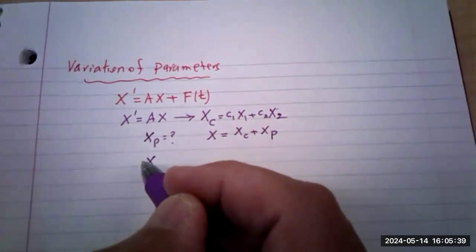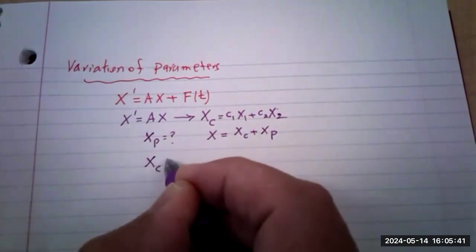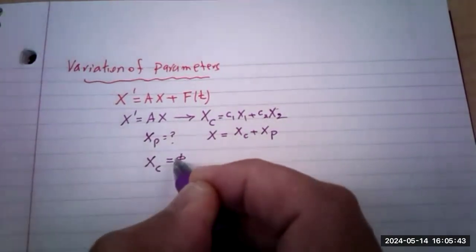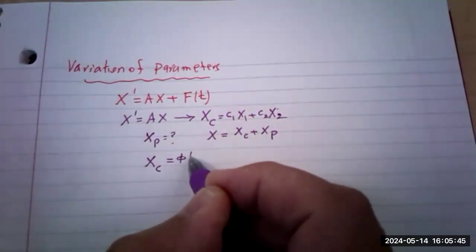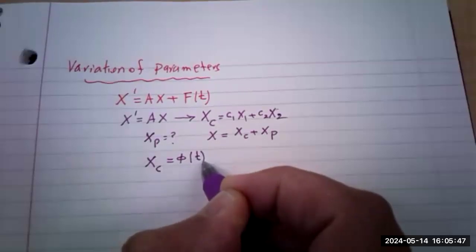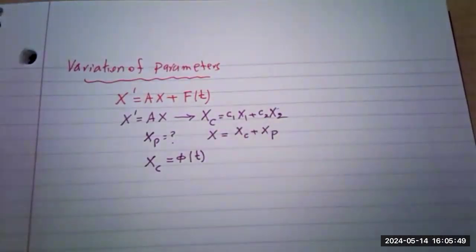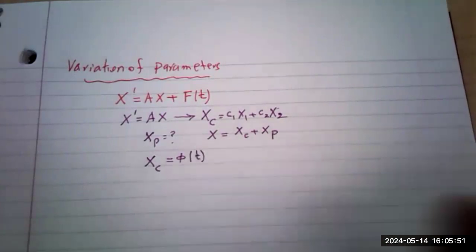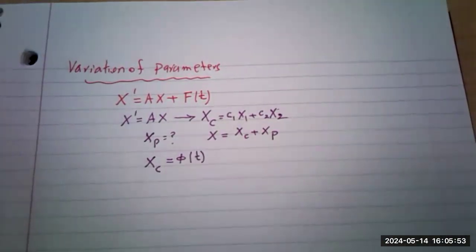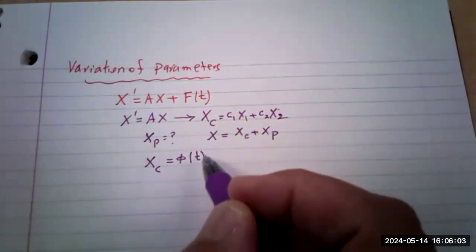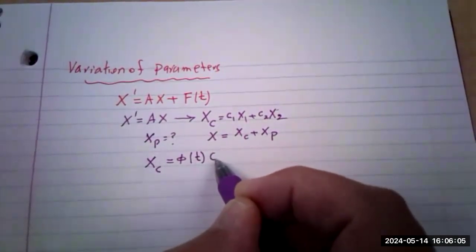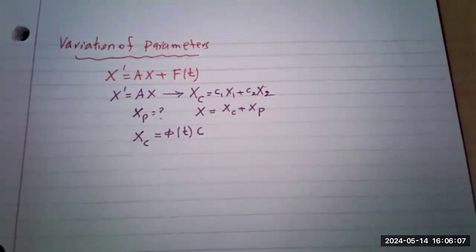We introduce a function, we call this one phi of t. We rewrite this one as phi of t times c.